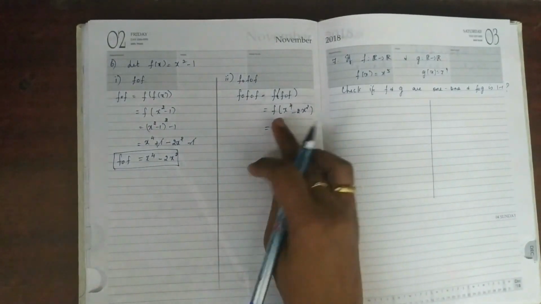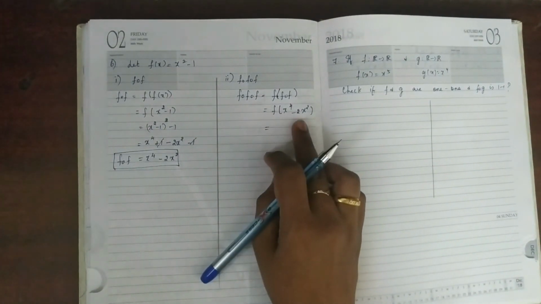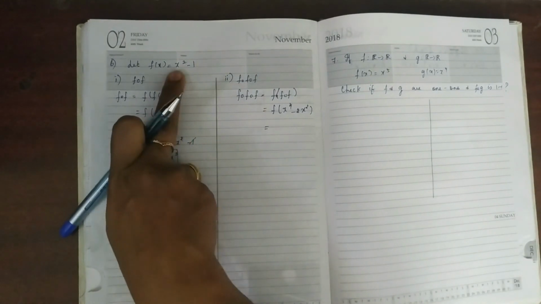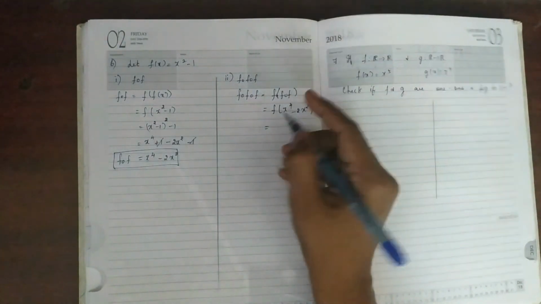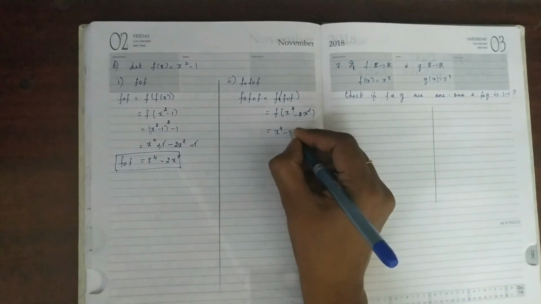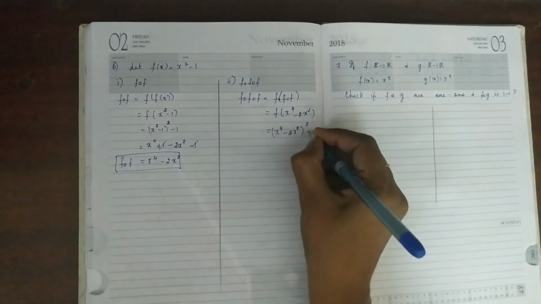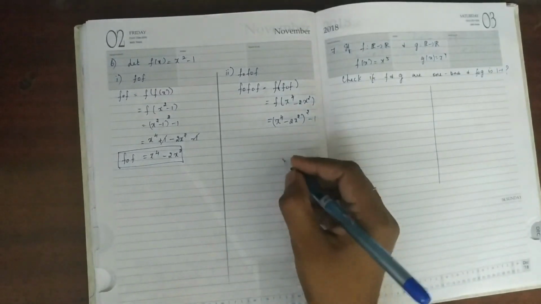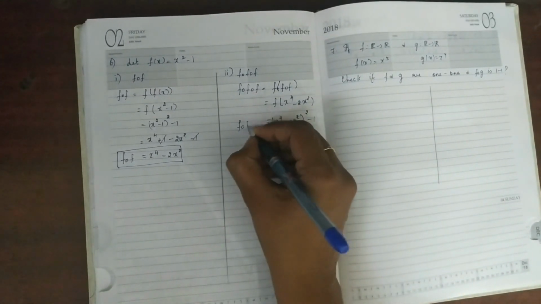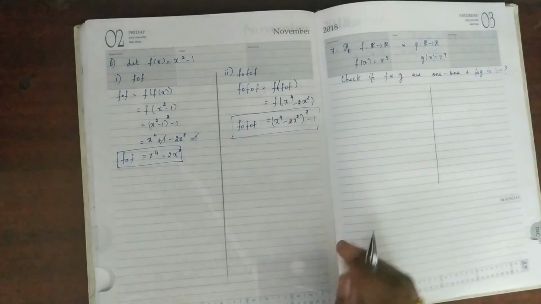Now f of x power 4 minus 2x square means in the f function, in place of x, you're going to substitute this value. So I'll have x power 4 minus 2x square the whole square minus 1. You can stop up to here. So this is the value of f of f of f.